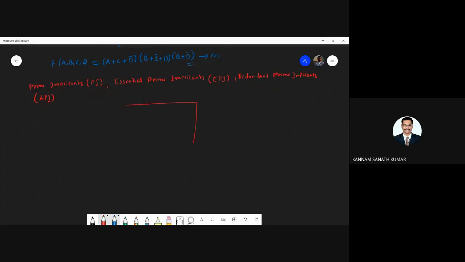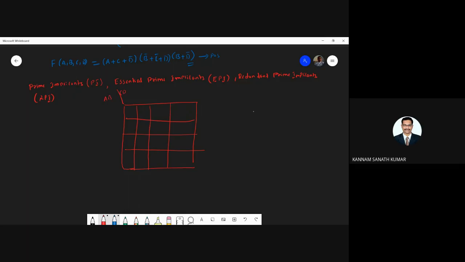So if I draw the K map, this one is AB and this one is CD.